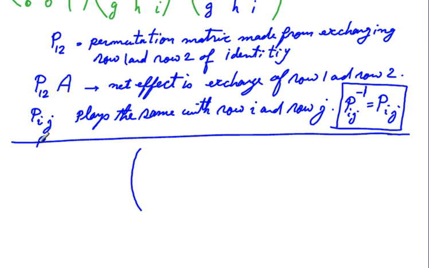So row operation number 2: multiply a row by a number.